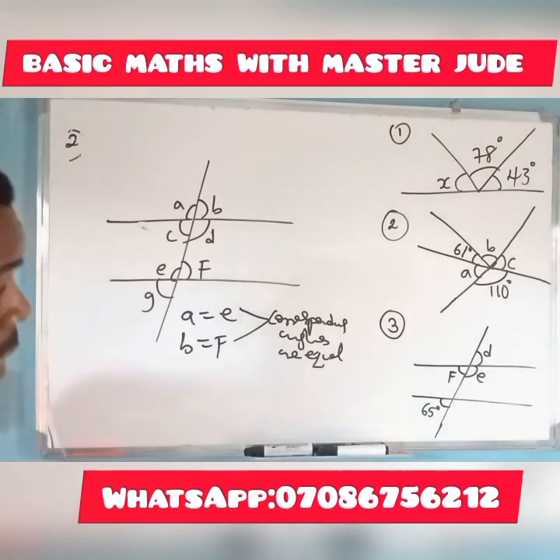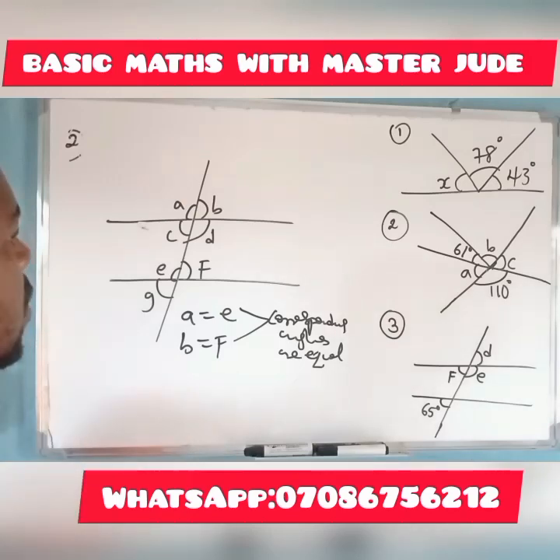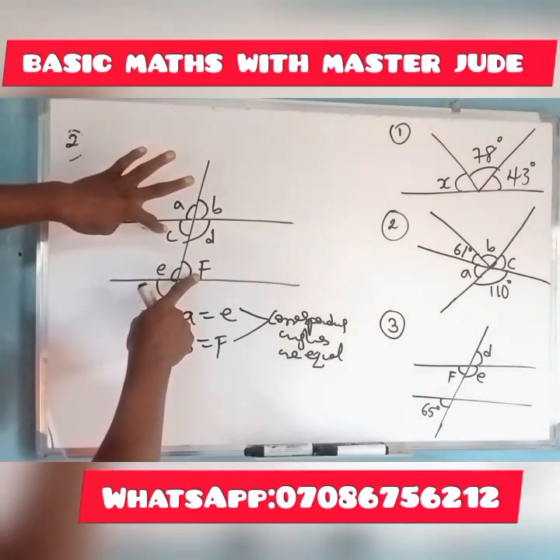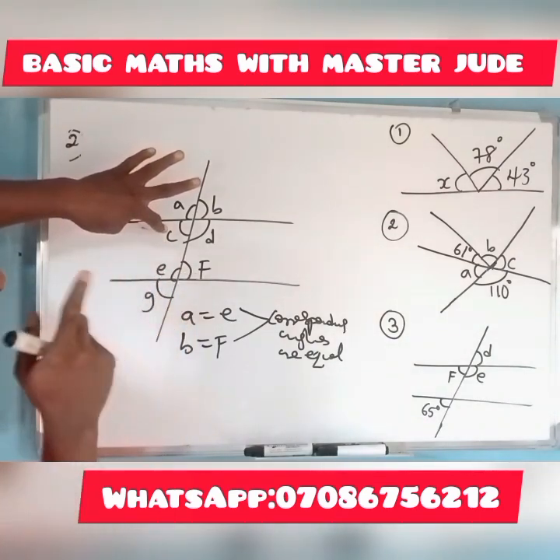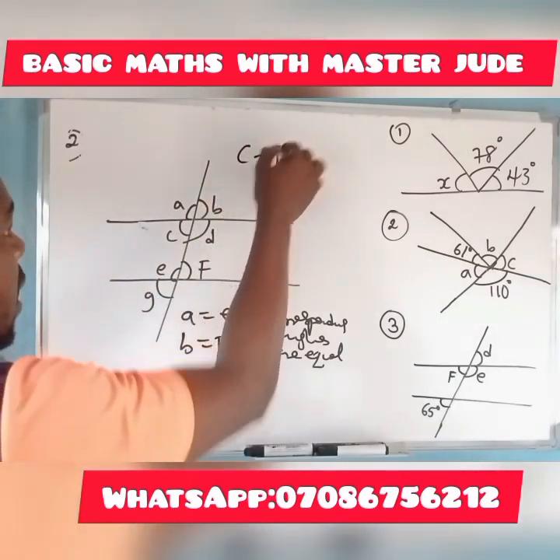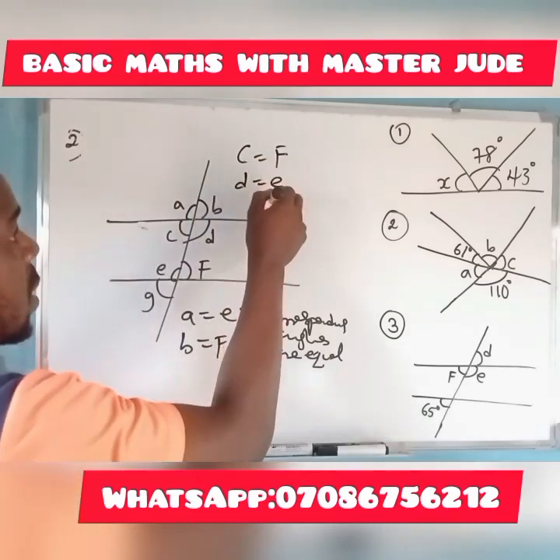Now, inside this third property, we have that alternate angles are equal. C is equal to F because alternate angles are equal. That is, C is equal to F, then D is equal to E.